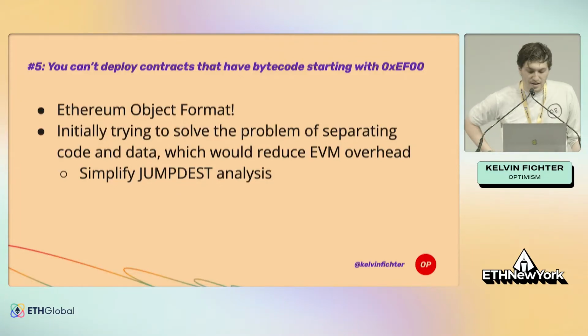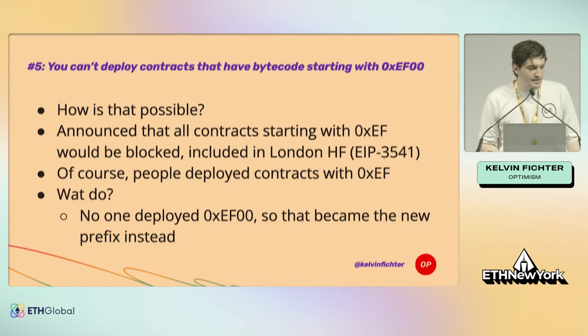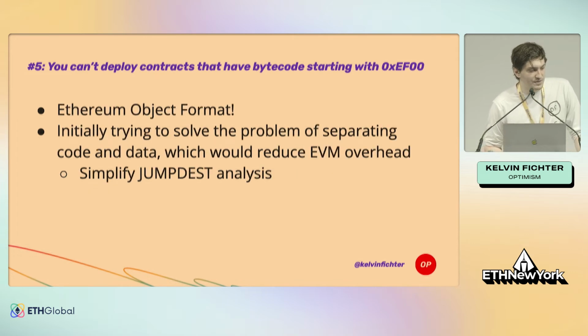You can't do it. And that's because of this thing called the Ethereum object format, which was starting to be introduced, which I'll talk about when it was introduced. The Ethereum object format was initially trying to solve this problem of, right now, code and data in smart contracts are the same thing.